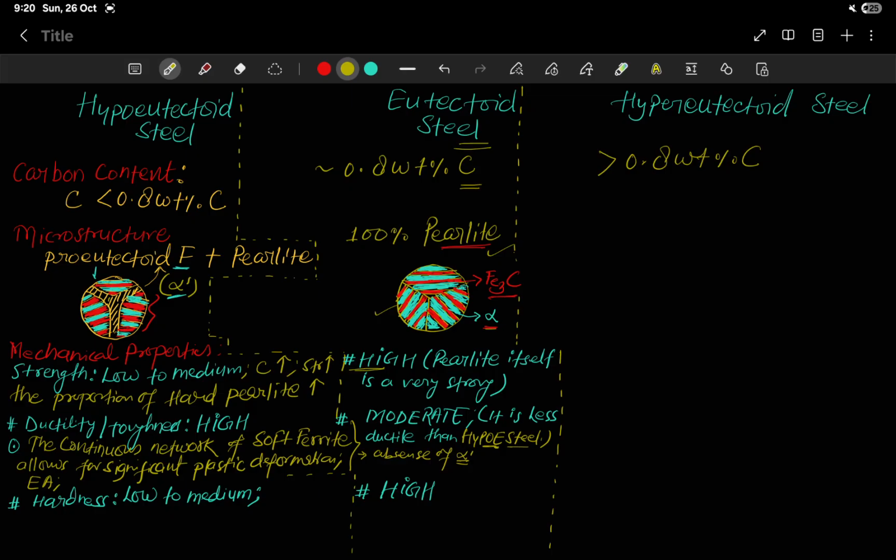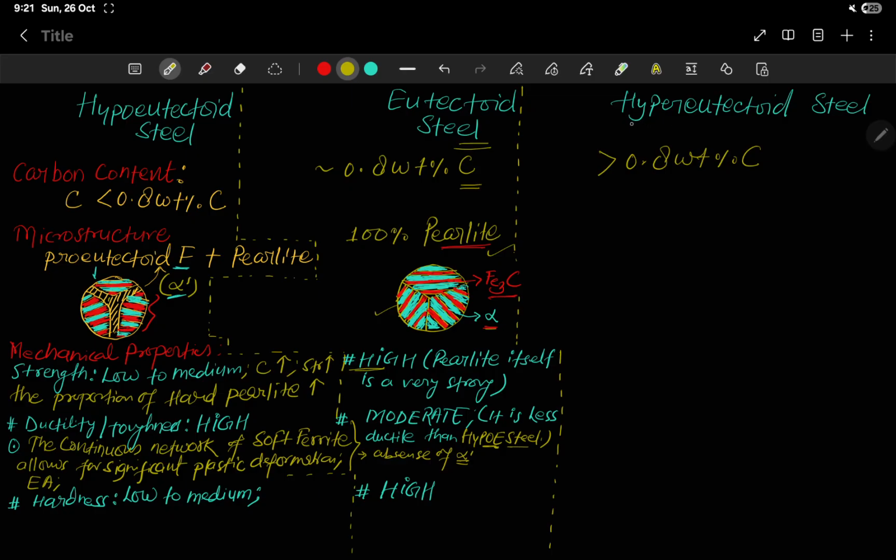First we are understanding the mechanical properties in terms of strength, ductility, toughness and hardness. After this we will explore the engineering or industrial applications of hypoeutectoid, eutectoid and hypereutectoid steel.